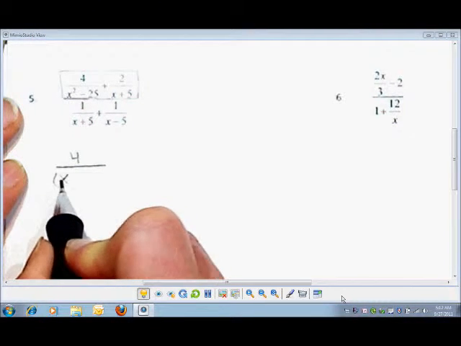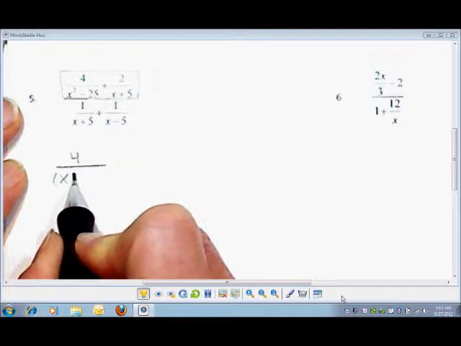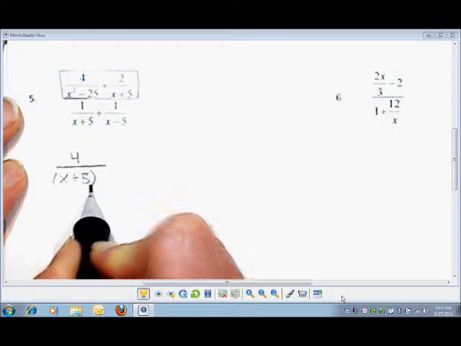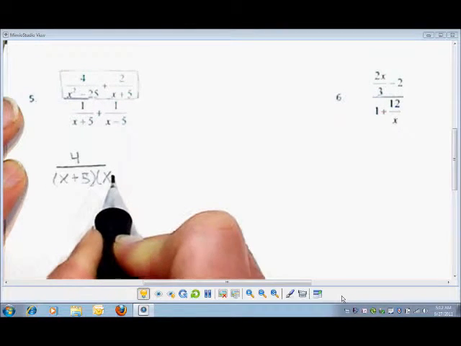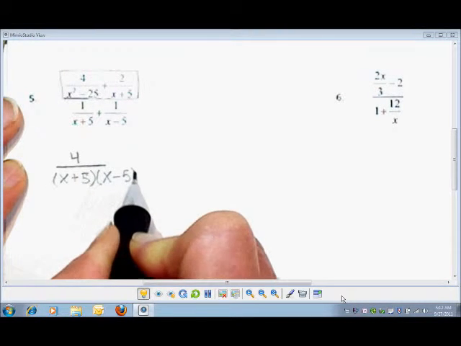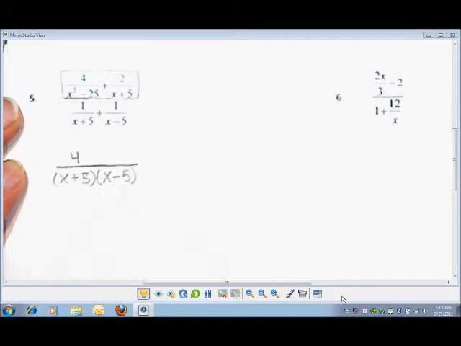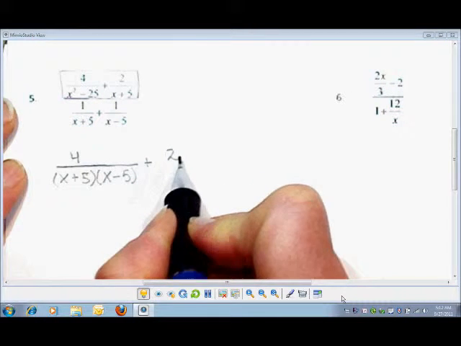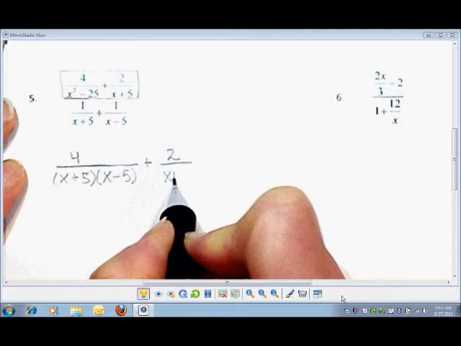If I remember the pattern, it's going to be the square root of the first plus the square root of the second, times the square root of the first minus the square root of the second. So I factor that denominator. And then that's plus 2 over x plus 5.